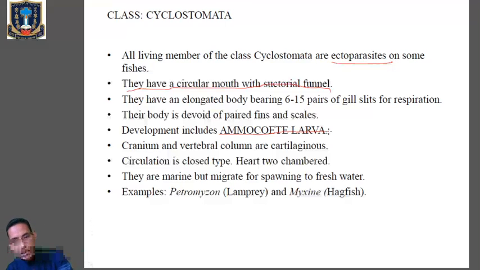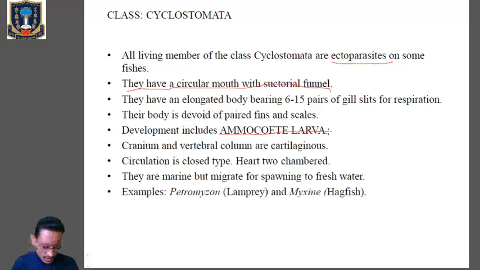Once they reach the fresh water, they lay the eggs, and after laying the eggs, they die. The egg hatches and forms the larval stage. After developing into adults, the larvae again start migrating towards the marine water. Again for spawning, they go to the fresh water, lay the eggs, and die. That egg hatches, forms the ammocoete larva, it grows, and again starts migrating to the marine water. So this keeps on going.